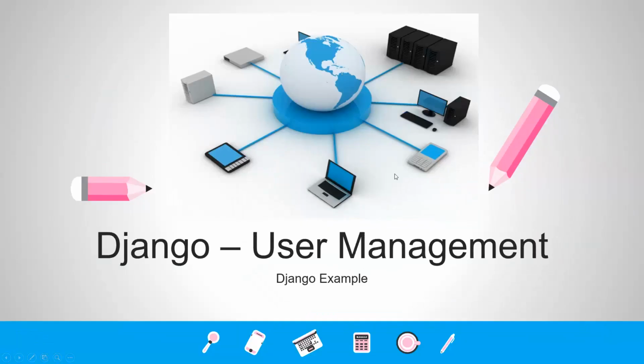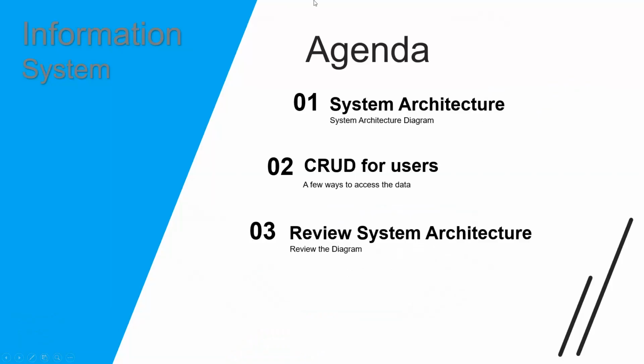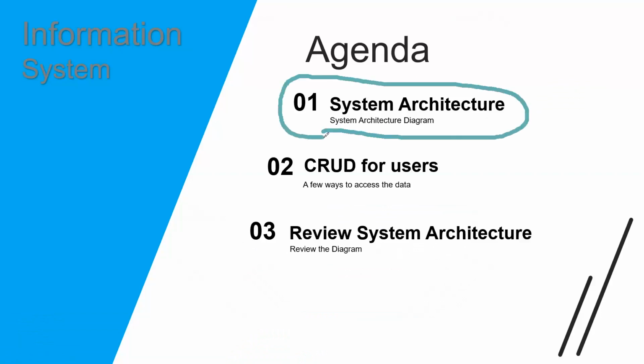In this section, I would like to teach you the basic operations. We call it CRUD. But first, I would like to teach you how the system architecture works. And then I would like to teach you CRUD, C-R-U-D.